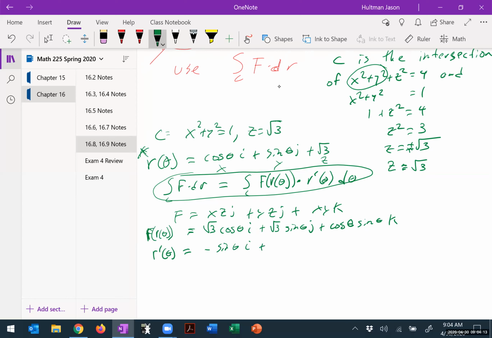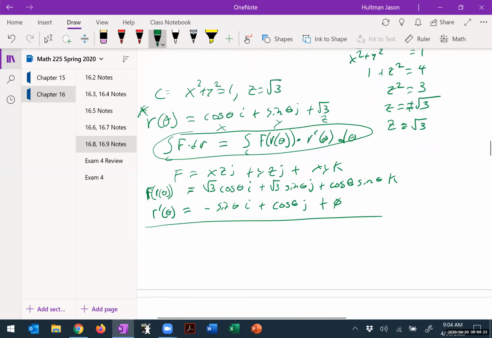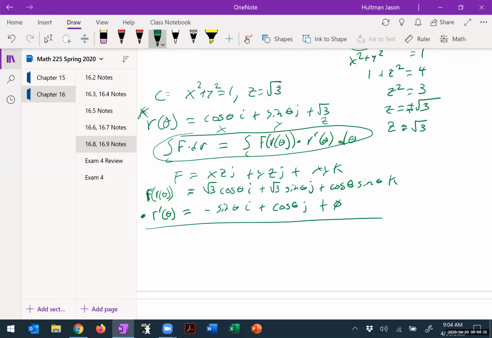Plus, what's the derivative of sine? That's cosine. And what's the derivative of a constant? That's 0. Now I'm going to dot product the two. The top function, f of r of theta, becomes dotted with the bottom function. So we multiply those together and add the components.